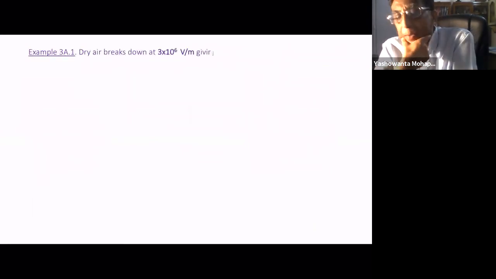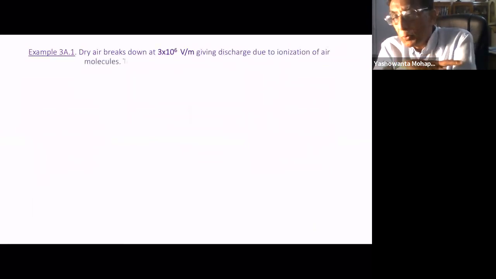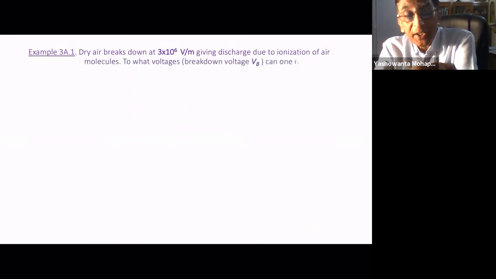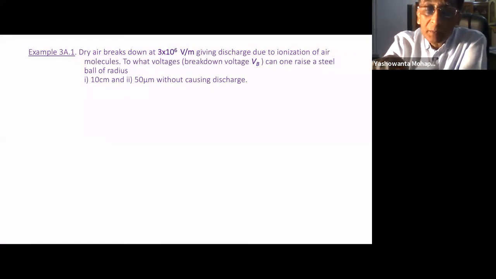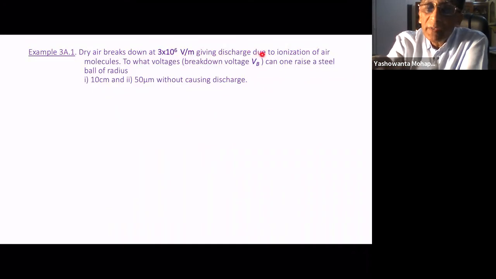Let's take an example to buttress that point even further. We know that dry air breaks down at about 3×10^6 volts per meter, giving a discharge due to ionization of air. If you have this much field in air, you'll start having a discharge.